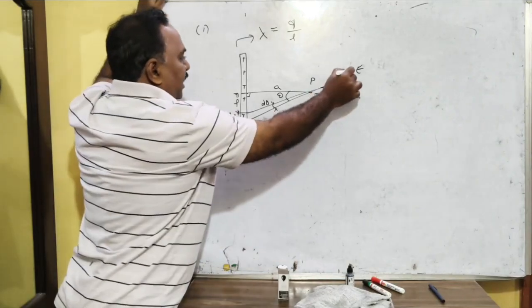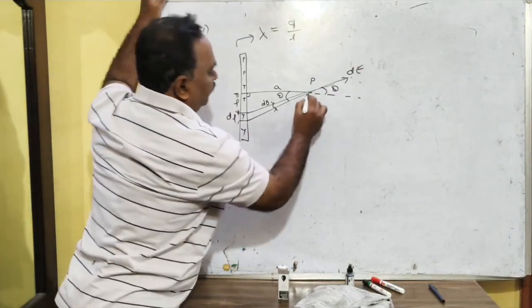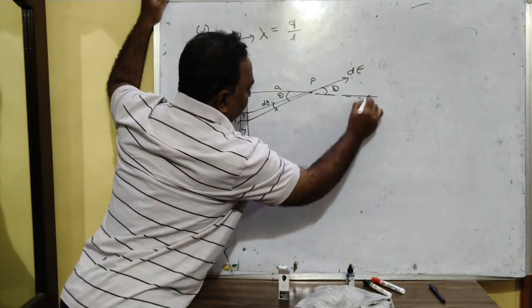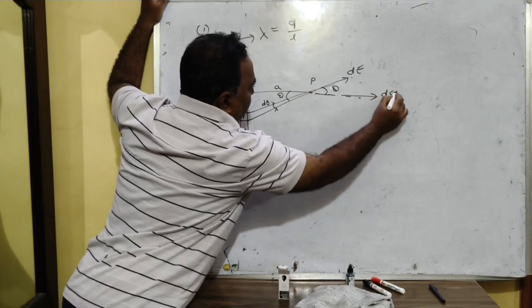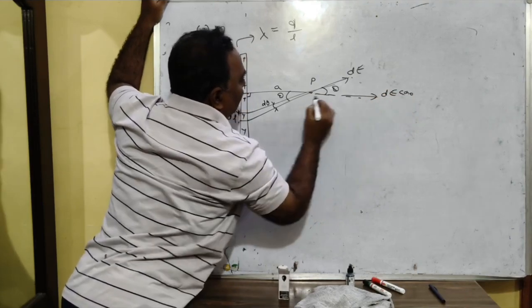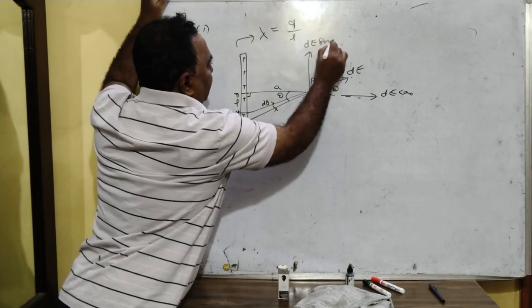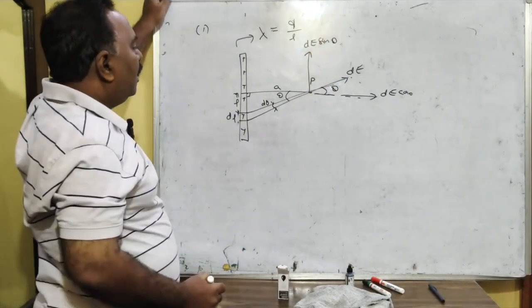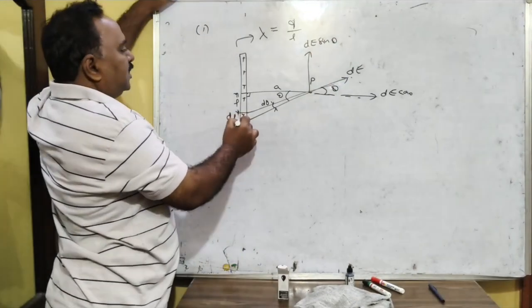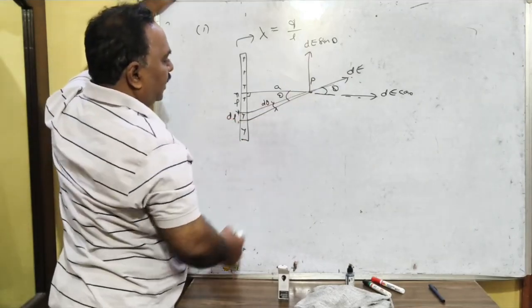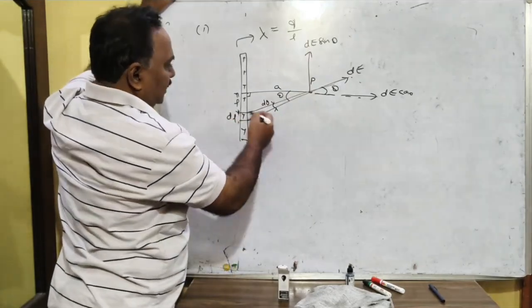Now this electric field has two components. Along the wire, that is dE cos theta, and the perpendicular component is dE sin theta. Now for every small segment, the components along the wire will cancel.